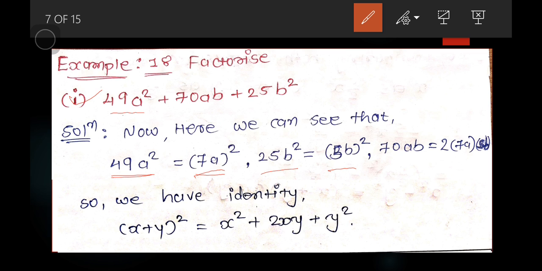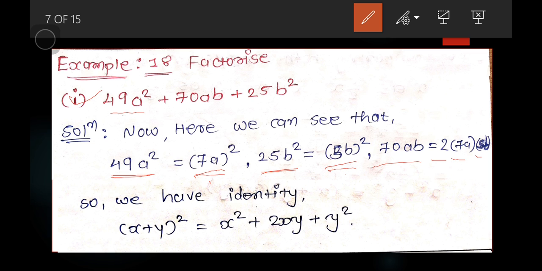This is x square and this is y square. Then we want to find 2xy. Here x is 7a and y is 5b, so 2xy is 70ab.